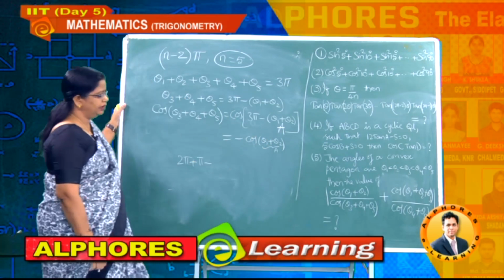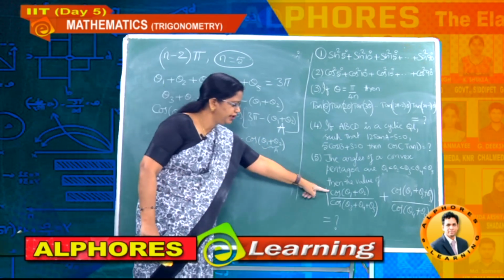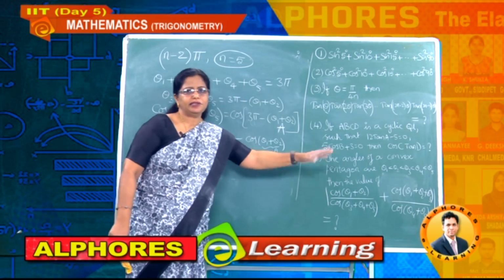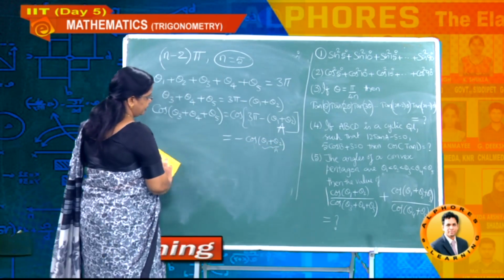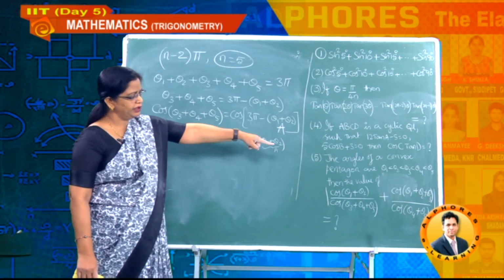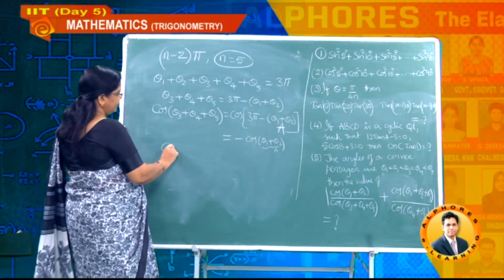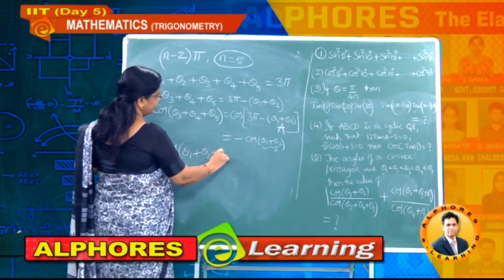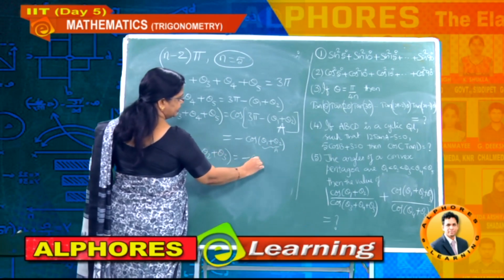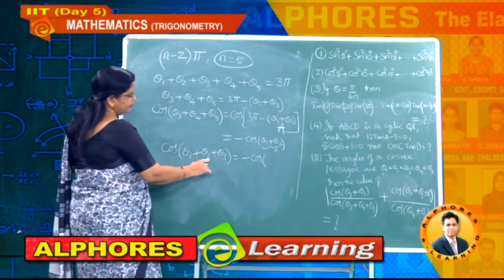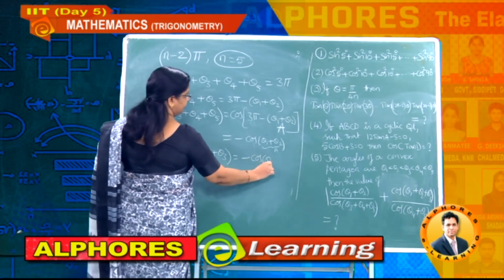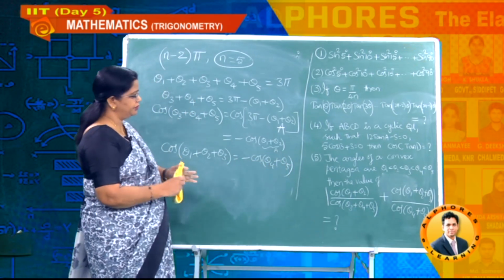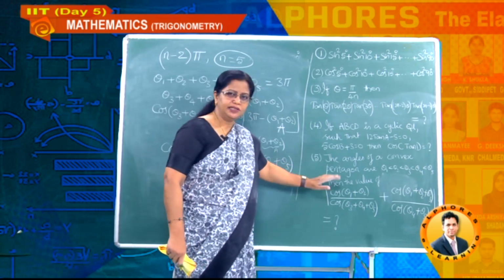Then we substitute: the numerator cos (theta 1 plus theta 2) as it is, the denominator is minus cos (theta 1 plus theta 2). What is the other value? In the same way, if you take cos of (theta 1 plus theta 2 plus theta 3), the other two values, that is minus cos of what is leftover, theta 4 plus theta 5. So I substitute the numerator as it is.